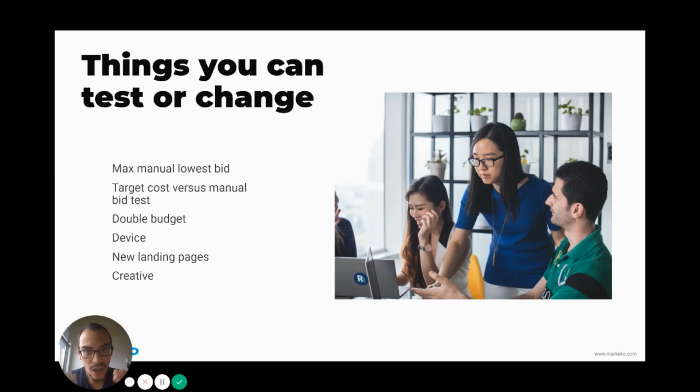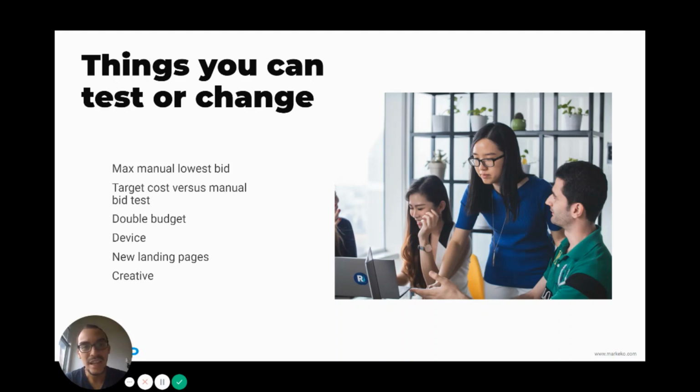So as you copy ad sets, what you're basically changing is the way you're bidding into the Facebook auction. And this can bring different results as you spend your budget and move along with spending your money on your campaigns, right? You can double your budget. You can change the devices, right? So maybe you want to focus just on desktop, maybe just on mobile.